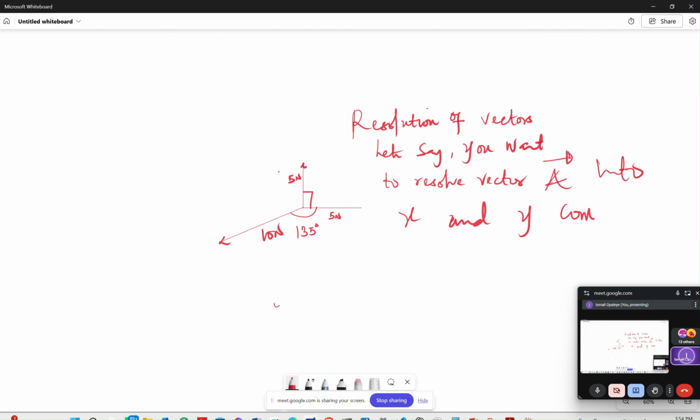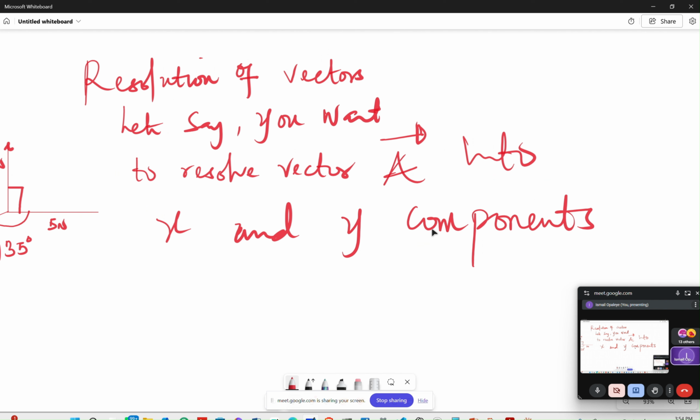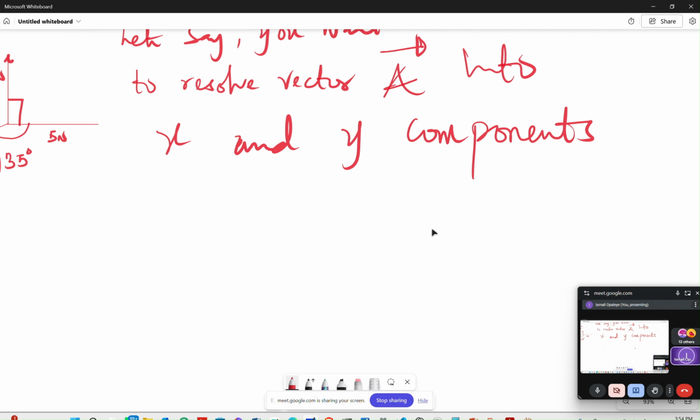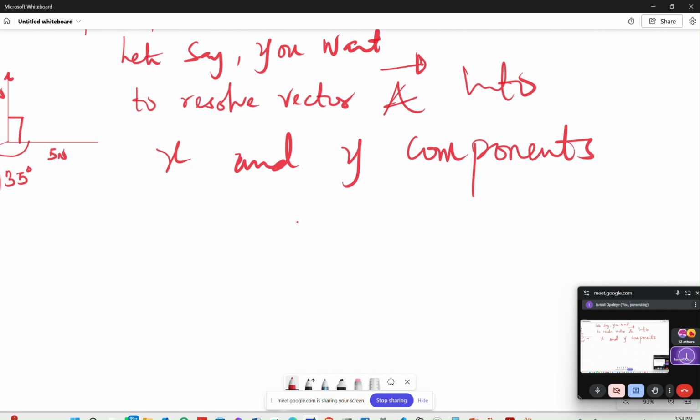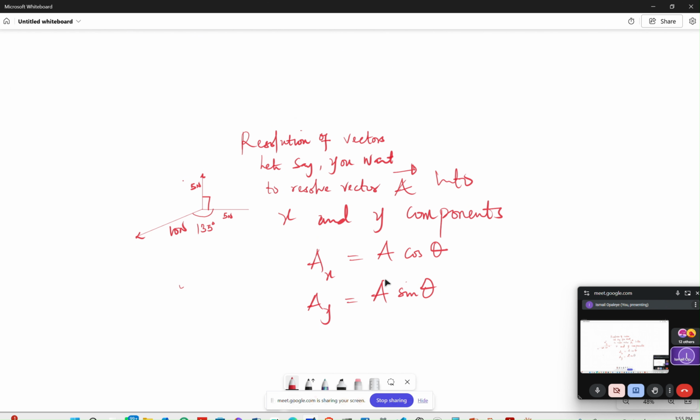So I think I'm already used to that other whiteboard. This one is somehow new for me. So let's say you want to resolve vector A into x and y components. Let's just assume that the angle of inclination is theta to the horizontal. So we say that A of x will be equals to A cos theta, okay? And then A of y will be equals to A sin theta. That is basically what resolution of vectors is talking about.